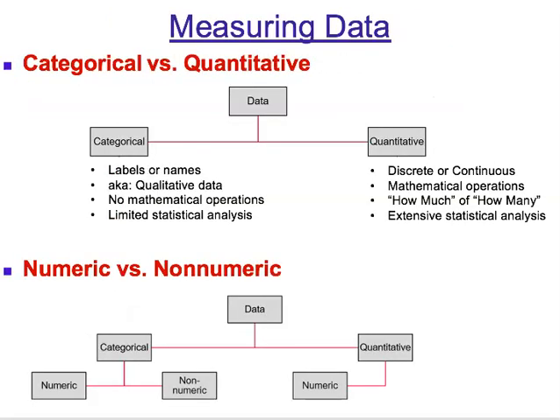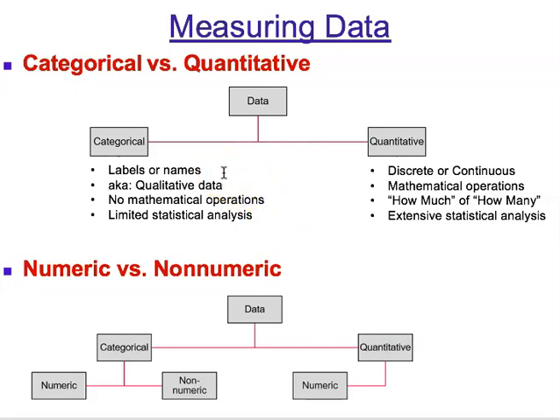When we measure data, we can think in terms of whether the data is categorical or quantitative. Categorical data usually involves labels or names, sometimes called qualitative data. There are no mathematical operations when we're dealing with categorical data.